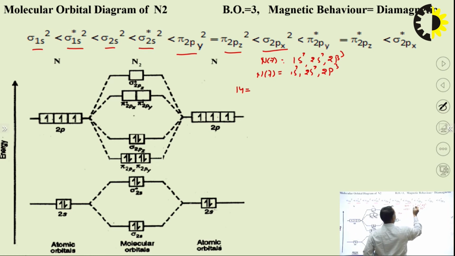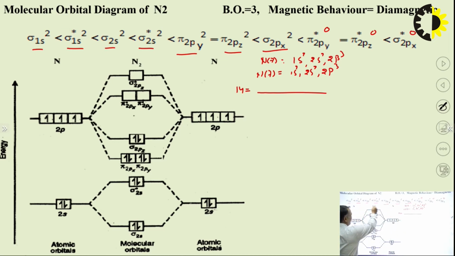So the total electrons here are 2, 4, 6, 8, 10, 12, 14. The rest will become 0. So this configuration you will write here, and by this configuration you can make this diagram.